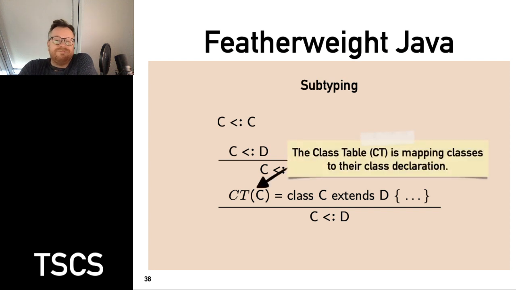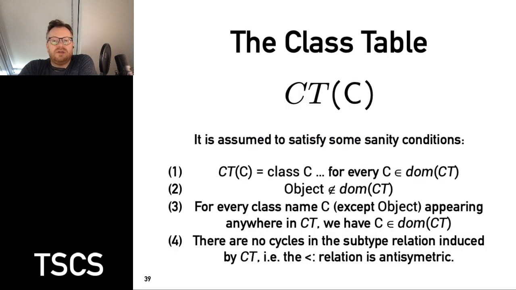So the class table basically holds all the definitions, just to understand this a little bit better. So the class table is mapping classes to their class declaration. The class table itself is assumed to satisfy some conditions.